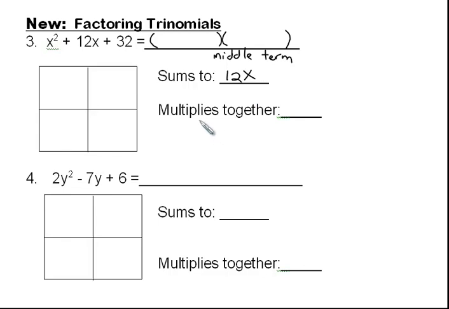Now it multiplies to be, the way we're going to find that is we're going to say the first term times the last term, or the third term.